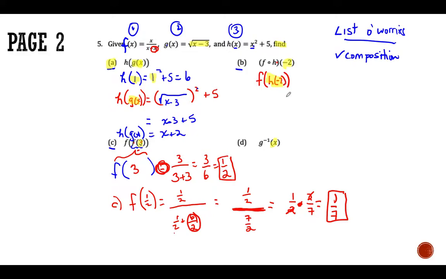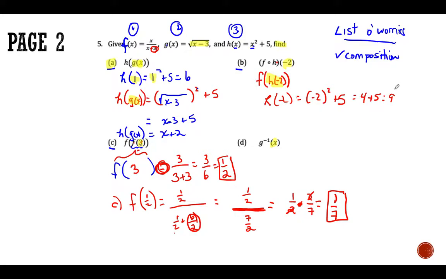H of -2 means go to H and plug in -2. -2 squared is 4. 4 plus 5 is 9.